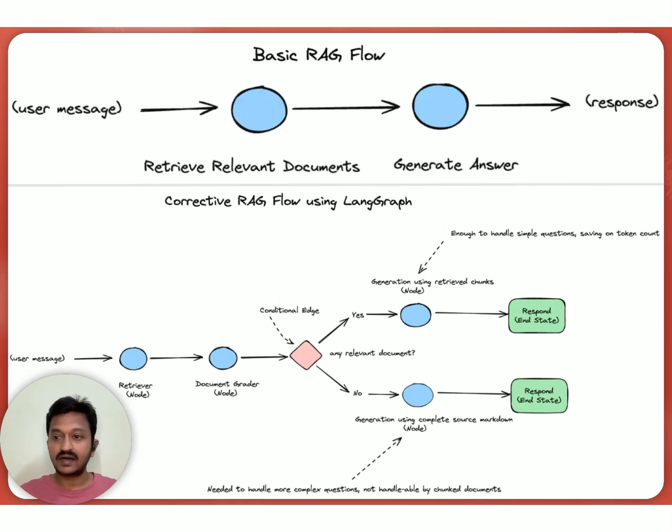So the basic RAG flow has a lot of challenges in getting a relevant answer or contextually relevant response back to the user query. Whereas using LangGraph, you can basically build a very powerful and contextually relevant corrective RAG workflow. So that's about how you can use LangGraph to build powerful RAG applications.